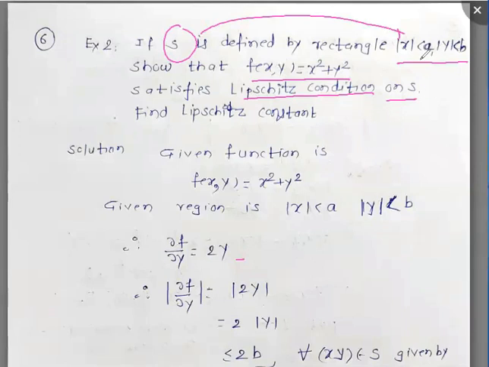So instead of 1, now the values are a and b. Right? Mod x less than a means x lies between minus a and plus a. Mod y less than b means y lies between minus b and plus b.